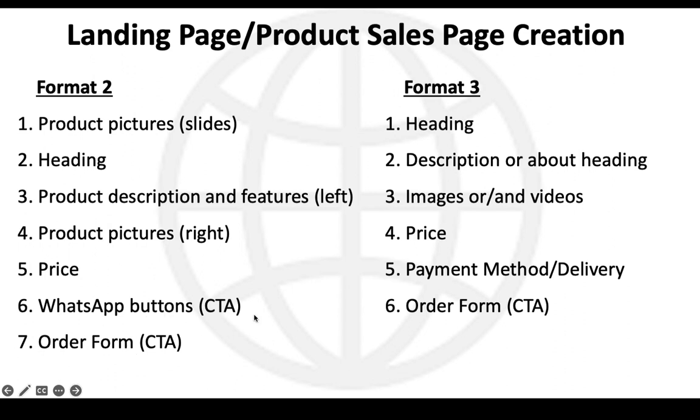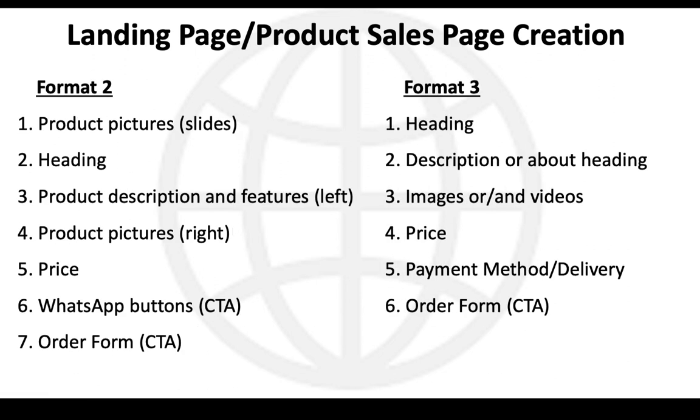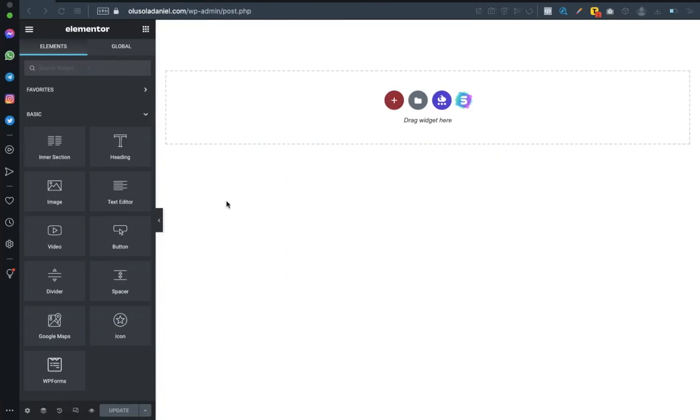Then we finally had the order form. In the other video I created for format 1, I also included some vital things about how to create an order form as well, and some other buttons on our page. So guys, let's jump right into the business of the day.